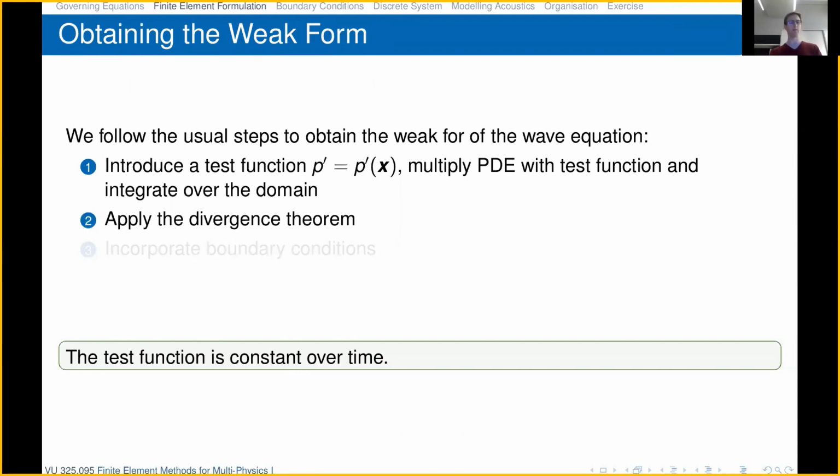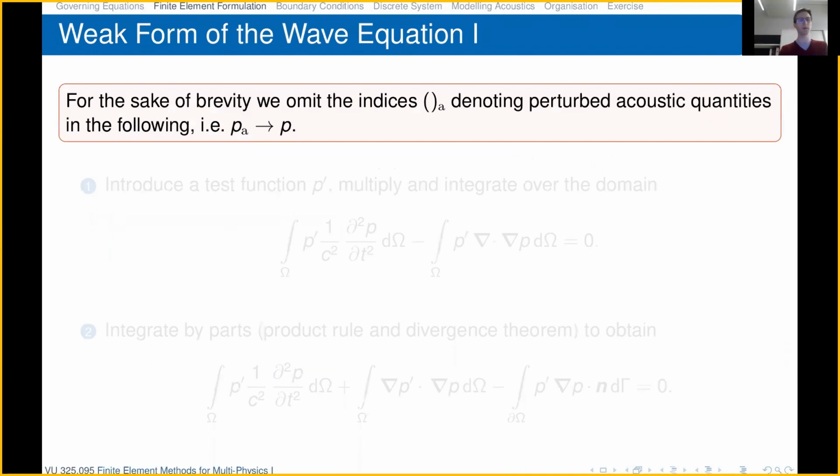We can apply the divergence theorem as a second step, and finally incorporate our boundary conditions. So let's do this. Just as a note, for the sake of brevity, I've omitted the index A now, since we're only working now with acoustic perturbed quantities. So p_A means p from now on.